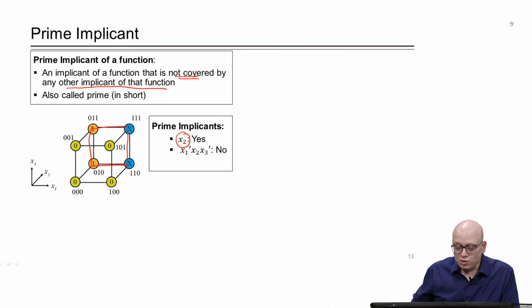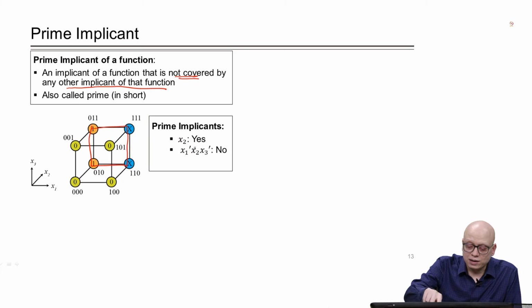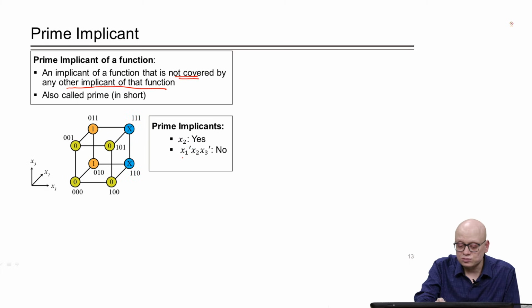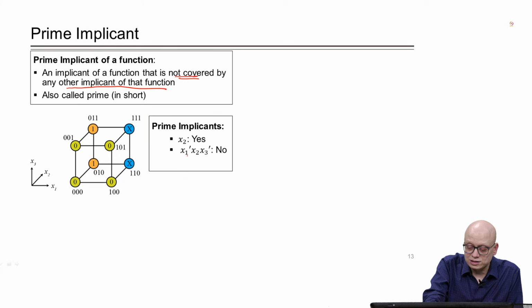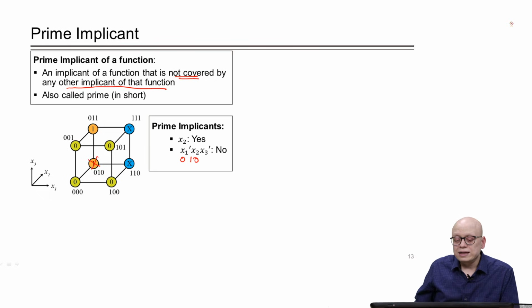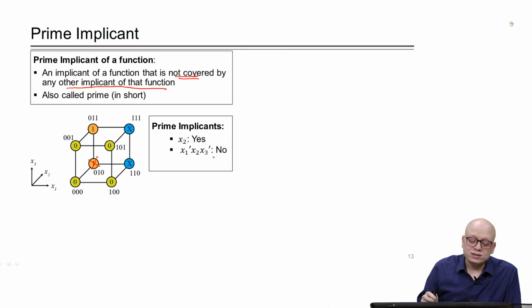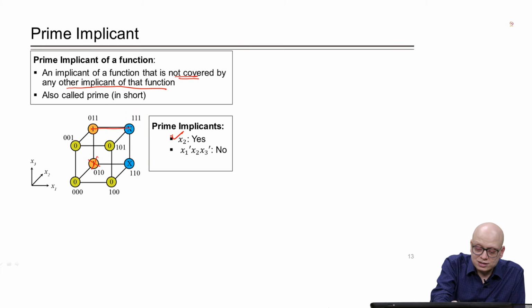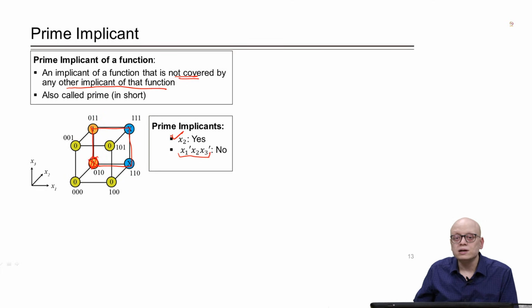Now, if we look into another implicant x1 dash x2 x3 dash, meaning x1 is equal to 0, x2 is equal to 1 and x3 is equal to 0, that is 0 1 0, this corner. So, is it a prime implicant? No, it is not a prime implicant, because the other implicant also covers it, and therefore, this is not a prime implicant.